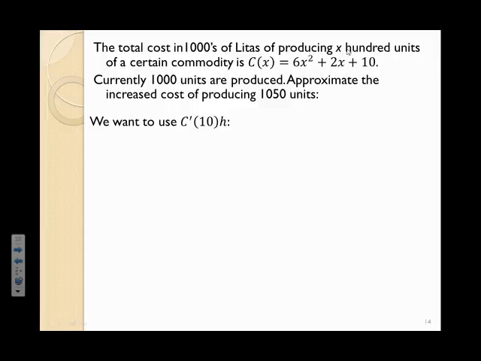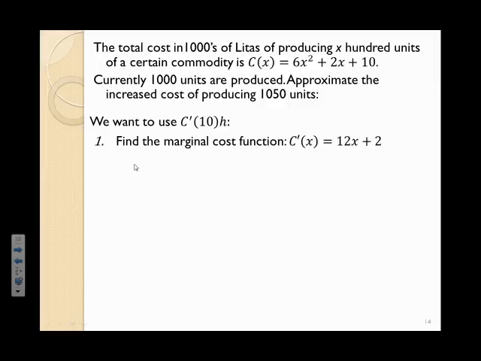In this case, it's in hundreds, so we take whatever our current production is and divide it by 100 to get 10. So we need to keep that in mind. The formula has to have x's in hundreds, so we take the numbers that we have and divide it by 100. So we do a C prime of 10 times h.